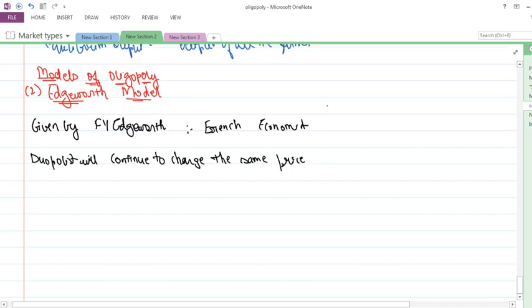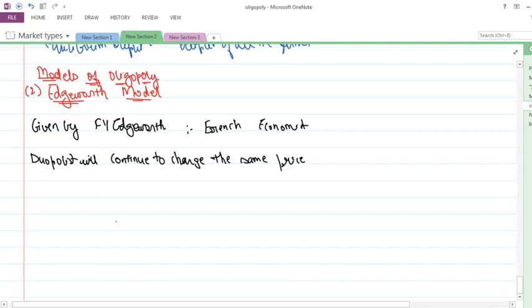With this assumption he has taken the example of mineral springs. Okay, two mineral springs example was taken by him. Edgeworth showed that no determinate equilibrium would be achieved in a duopoly.